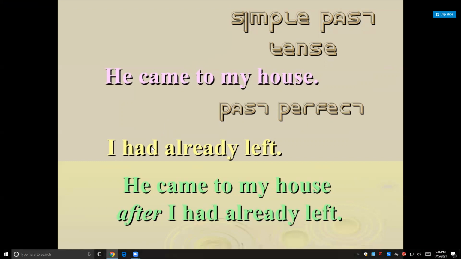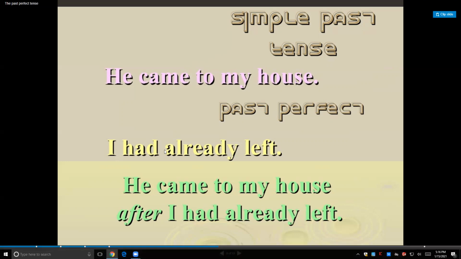And as I've already explained, the action which took place first has to be in past perfect, and the other action in past simple tense. So he came to my house after I had already left. So I left first, and then he came to my house.